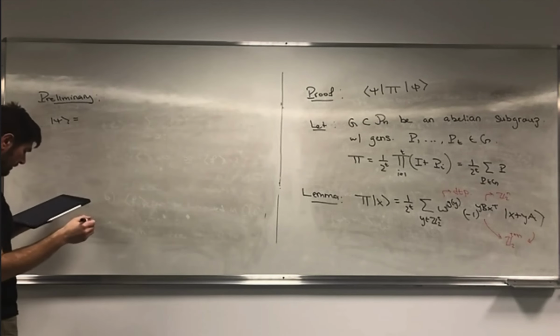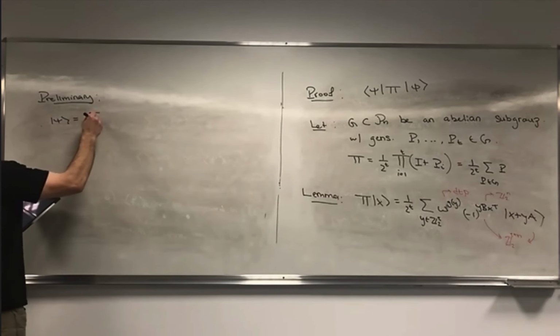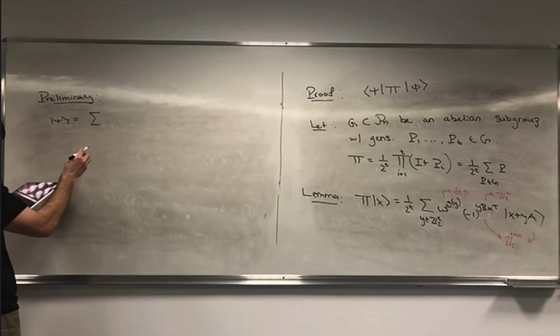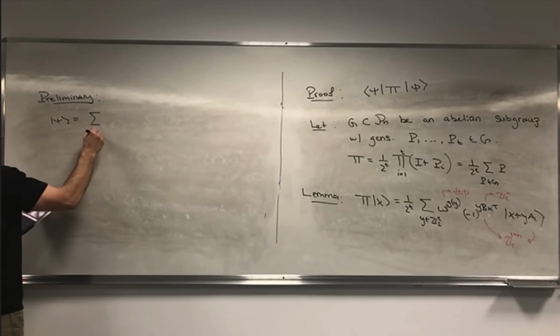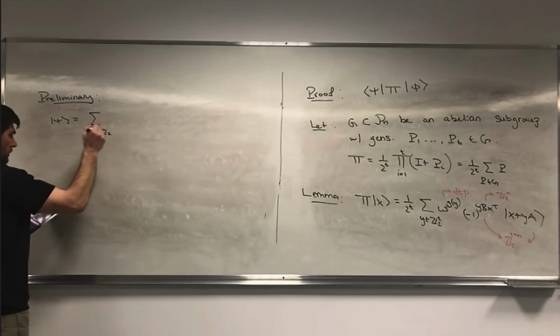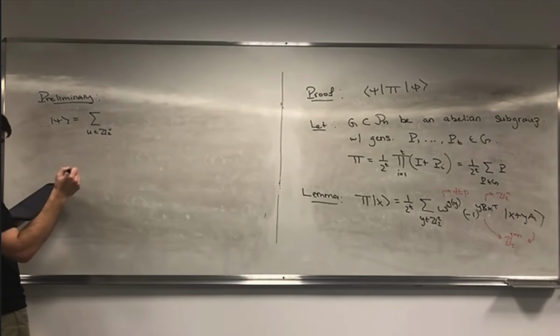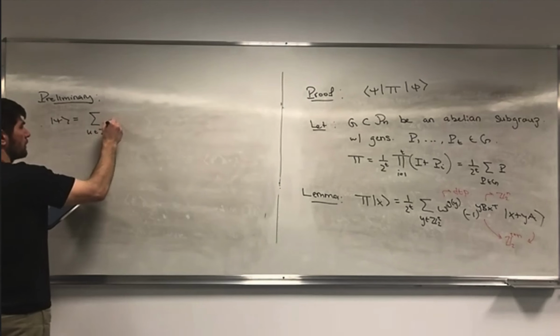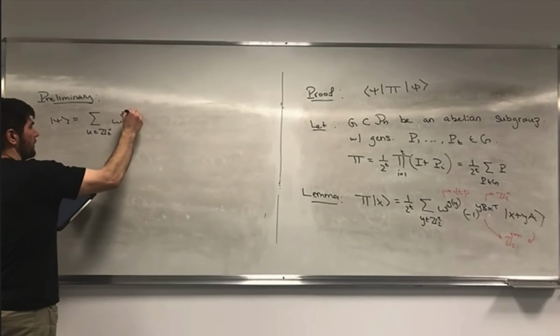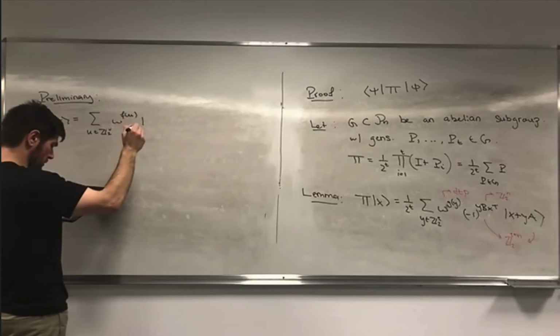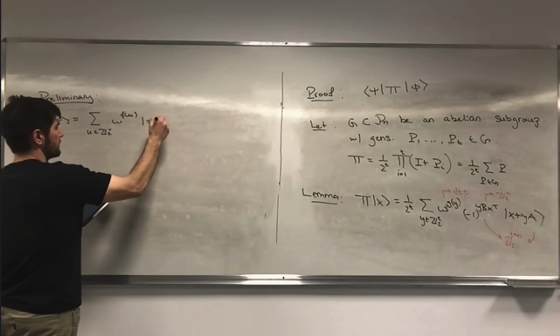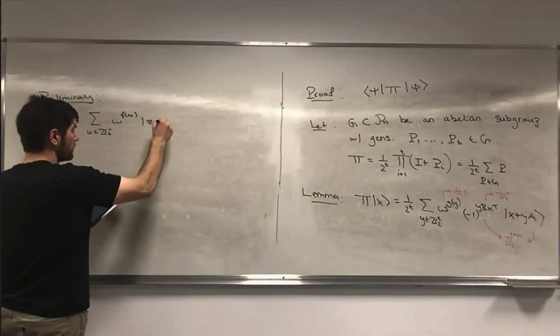So taking psi to be, just to recall, this is u, z2k, and f of u, z plus u.